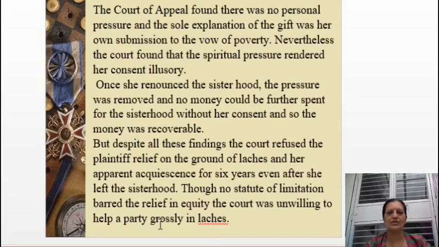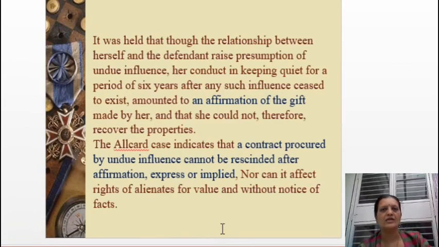Though no statute of limitation barred the relief in equity, the court was unwilling to help a party grossly in laches. So it was held that though the relationship between herself and the defendant, that is the institution, raised a presumption of undue influence, her conduct in keeping quiet for a period of 6 years after any such influence ceased to exist amounted to an affirmation of the gift made by her, and that she could not therefore recover the properties.